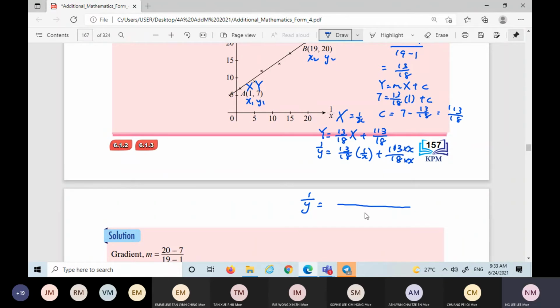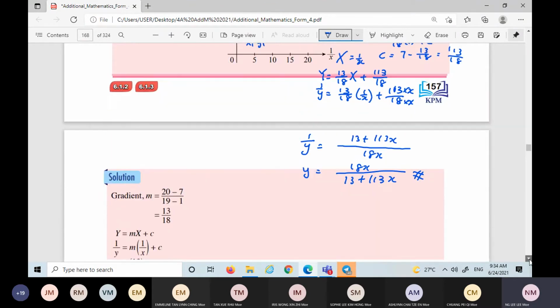So the common denominator is 18x. So it's 113x over 18x. Now turn it upside down. So y is equal to 18x over 113. Okay, so this is the answer. Express y in terms of x. So this is the final answer.